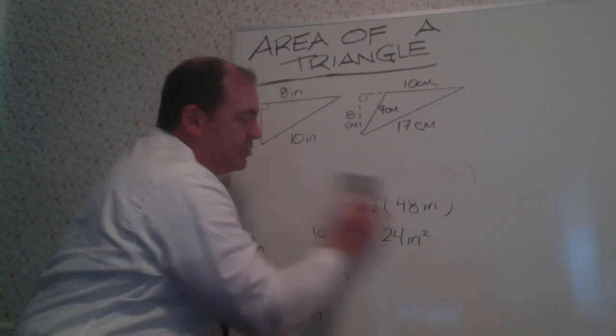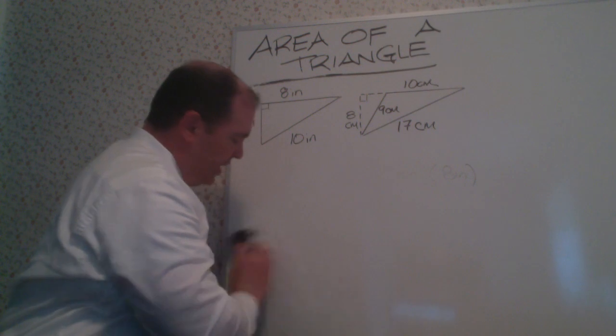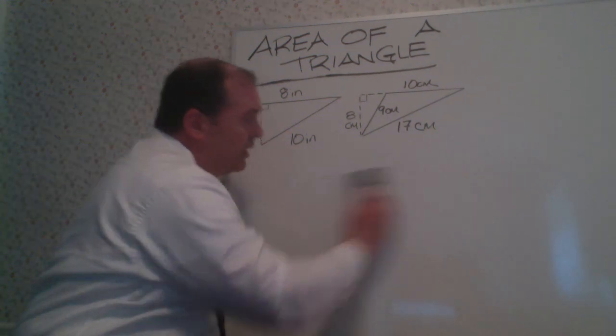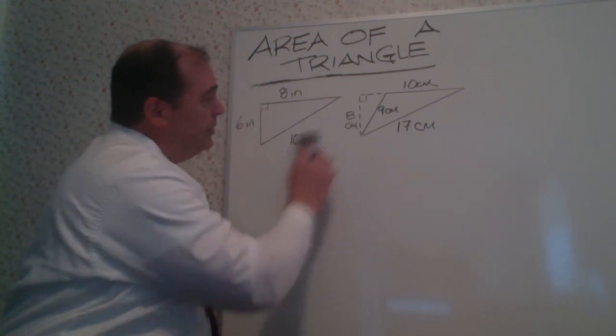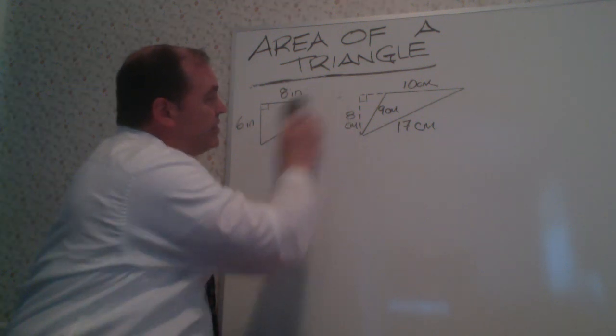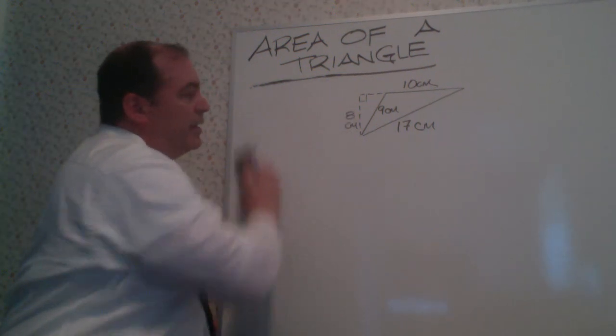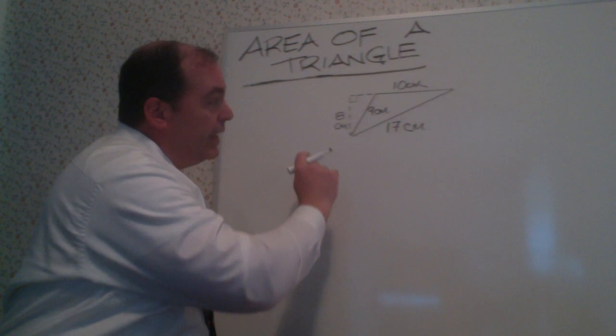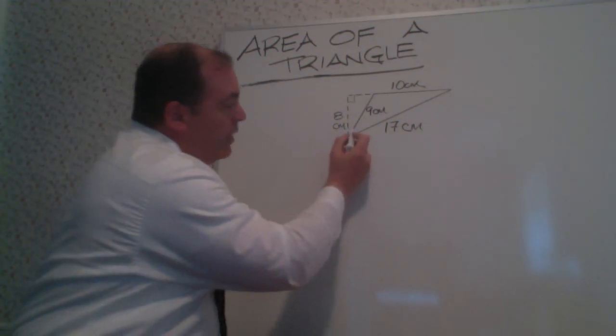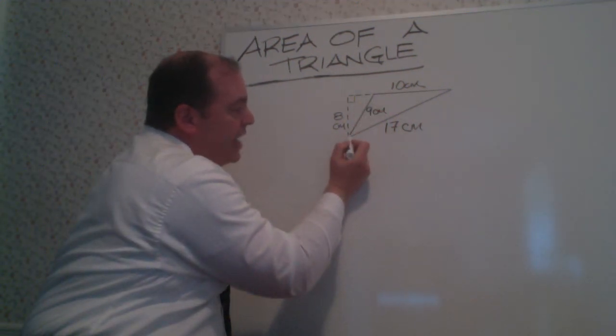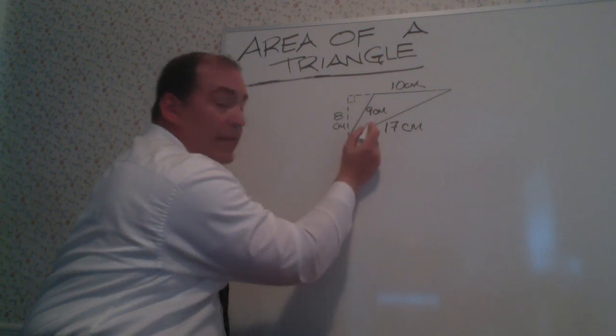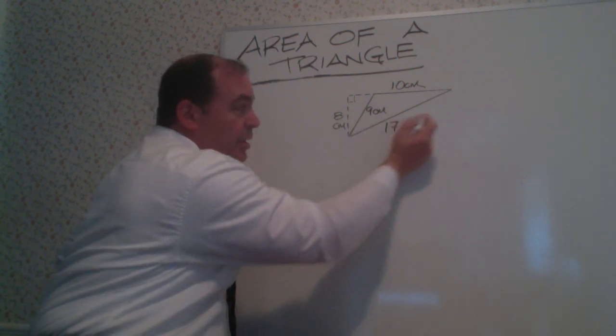I'm going to erase this one, and I want to show you another example. Here's an example, and let's erase this so we don't confuse anybody. Here's another triangle here, where the side is not exactly perpendicular and it's 9 centimeters.